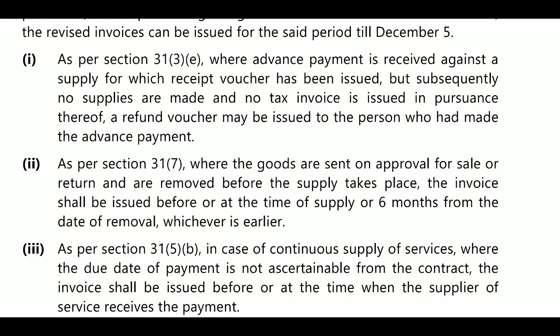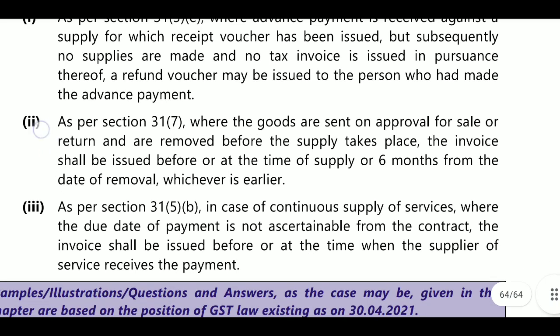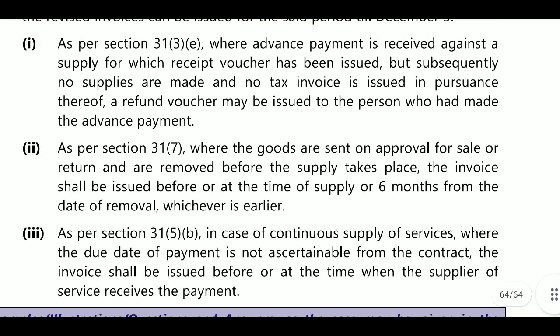If you issue the refund voucher, you will get the refund amount. Next, as per section 31(7), where the goods are sent on approval for sale or return and are removed before supply takes place, the invoice shall be issued before or at the time of supply or 6 months from the date of removal, whichever is earlier.